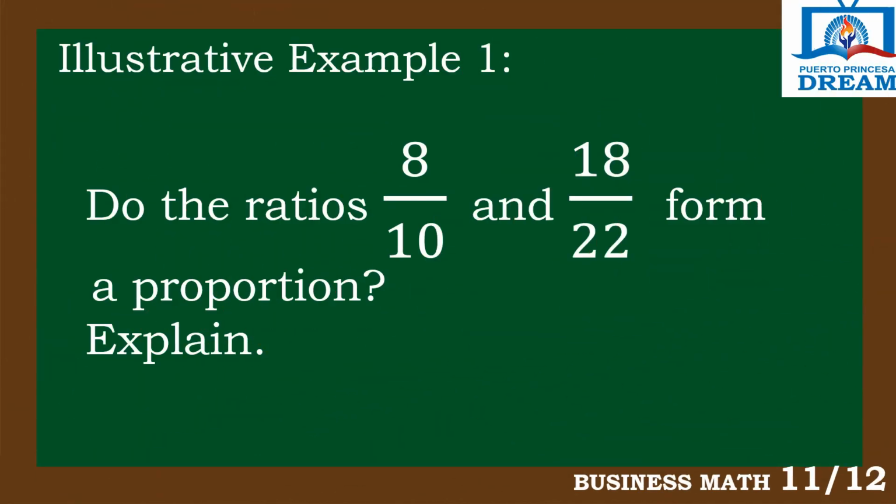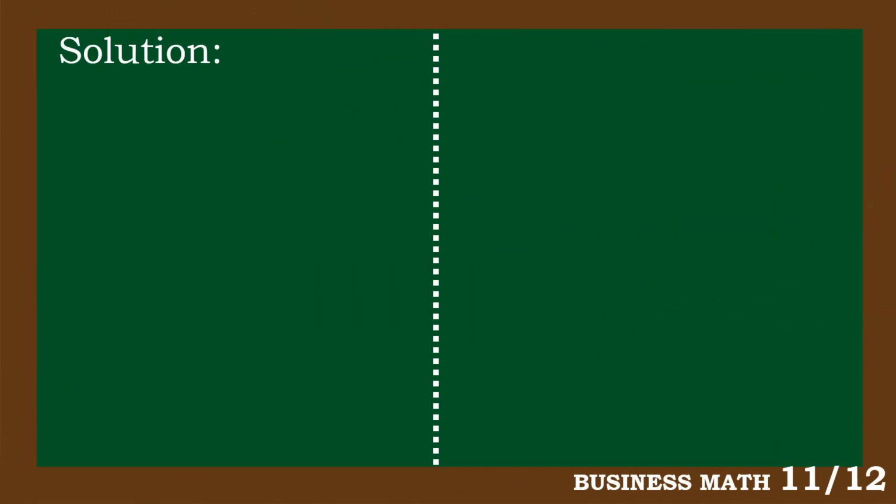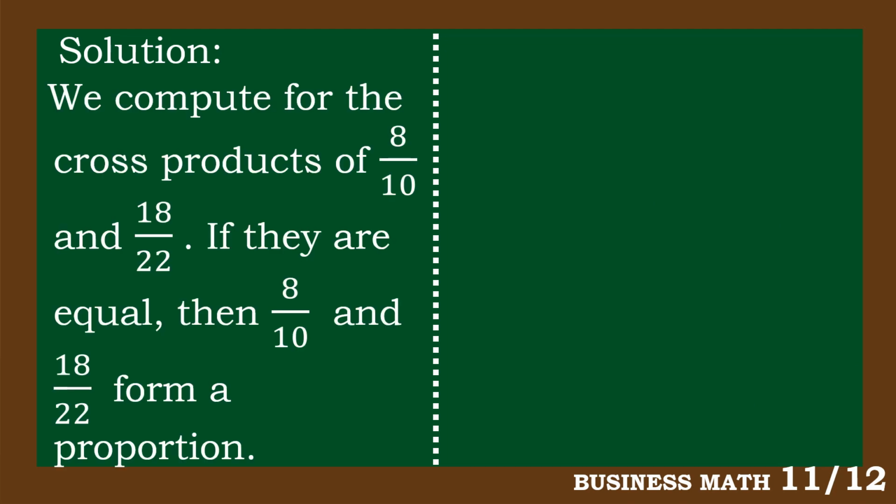Illustrative example number 1. Do the ratios 8/10 and 18/22 form a proportion? Explain. So this will be our solution. We compute for the cross products of 8/10 and 18/22.